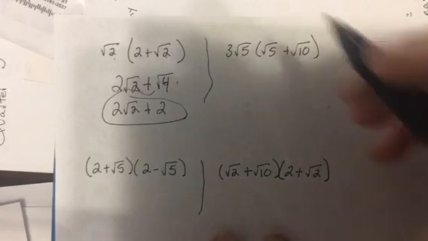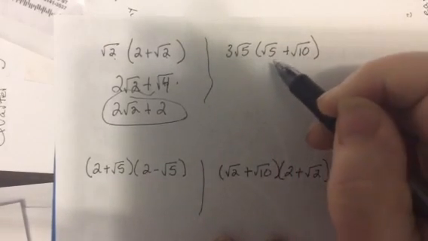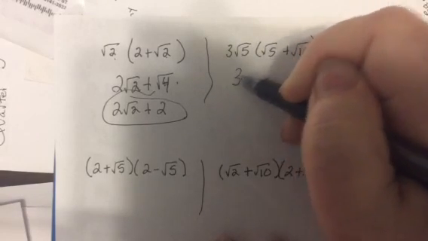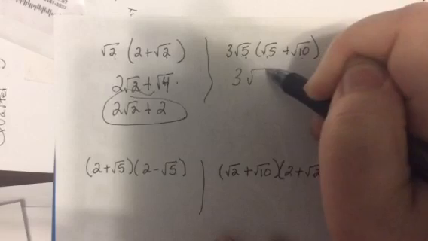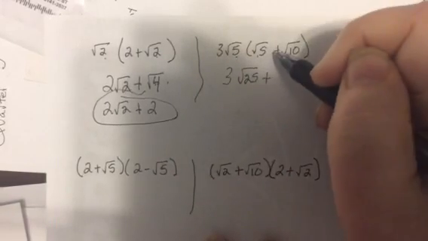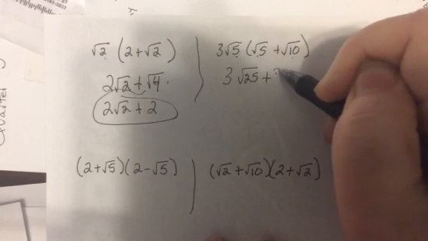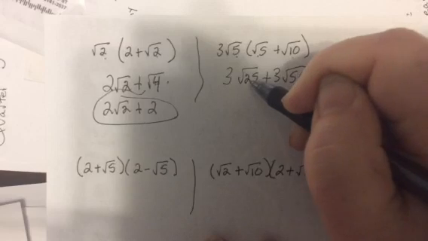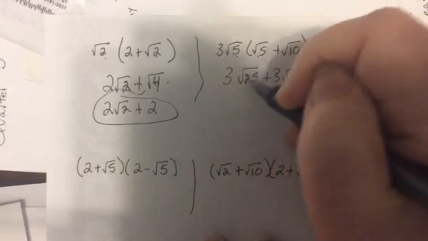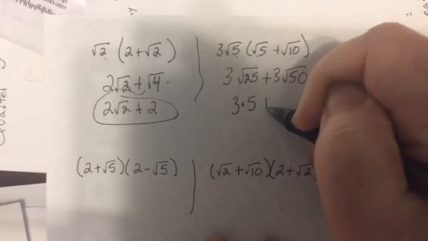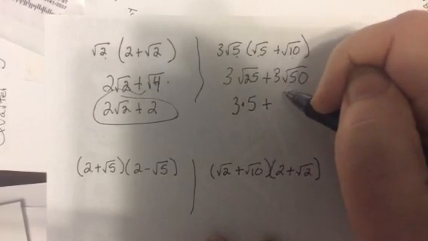Okay, this one, you're going to take this term, multiply it to both terms. So 3 times 1 is 3, square root of 5 times square root of 5 is square root of 25, plus 3 times 1 is 3, square root of 50. Now we break this one down. Square root of 25 is the number 5, not square root of 5, not 20.